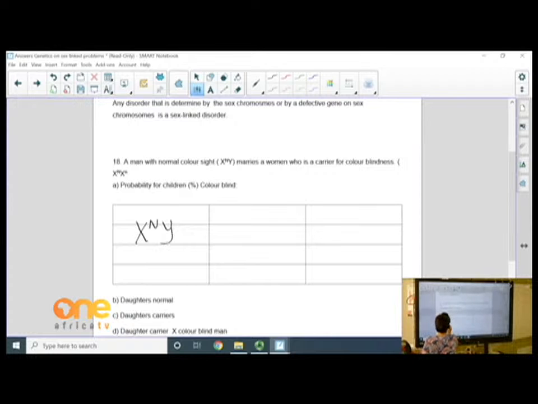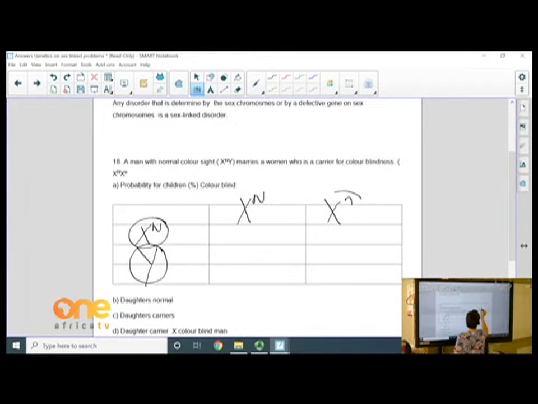X capital N is one gamete for the male, and Y is the other gamete for the male. The female is X capital N, X small n.